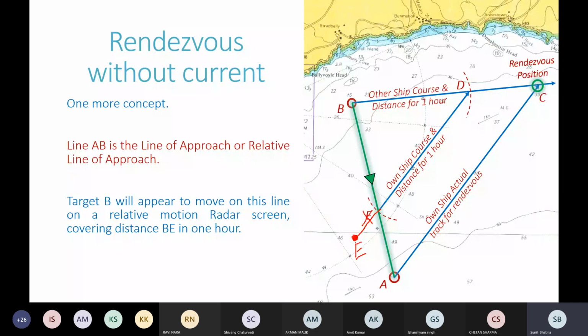Now we can easily find out the line of approach if you join point B with Echo and extend it. This is going to be the line of approach of the target ship. Once you have this line of approach known to you, you can also find the CPA and the TCPA very easily.